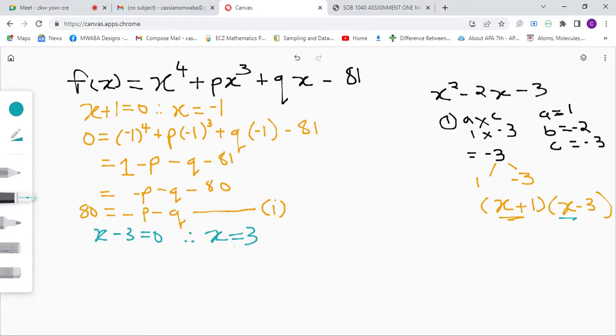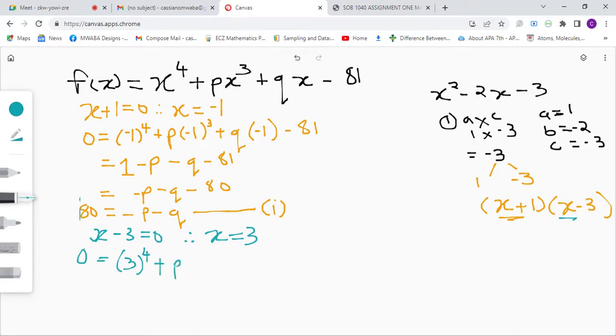So meaning if we replace x equals 3 into this polynomial here, we must get 0. So f of x becomes 0, and then we're going to say equals 3 to the power 4.